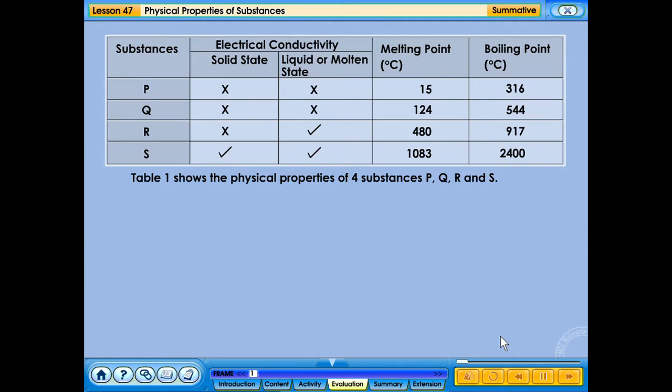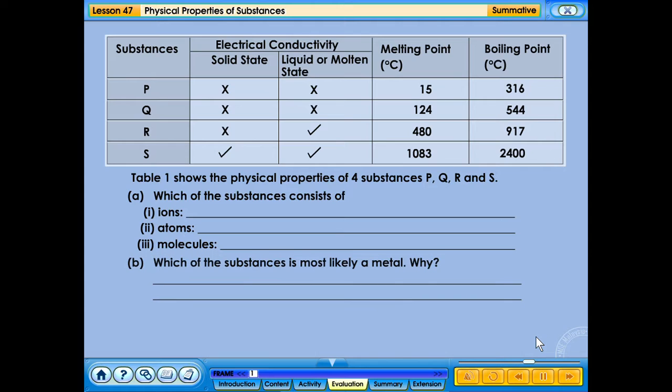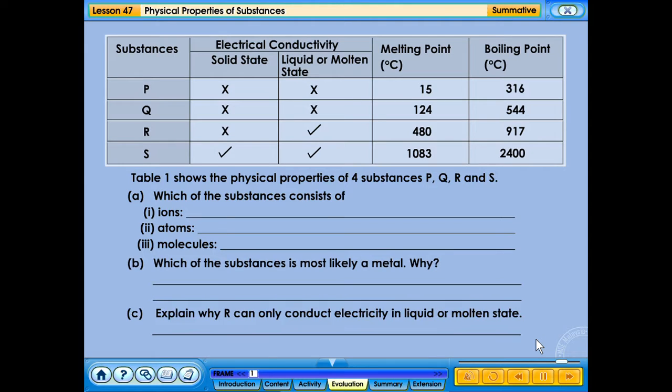Table 1 shows the physical properties of 4 substances, P, Q, R, and S. A. Which of the substances consist of 1. Ions, 2. Atoms, 3. Molecules. B. Which of the substances is most likely a metal? Why? C. Explain why R can only conduct electricity in liquid or molten state.